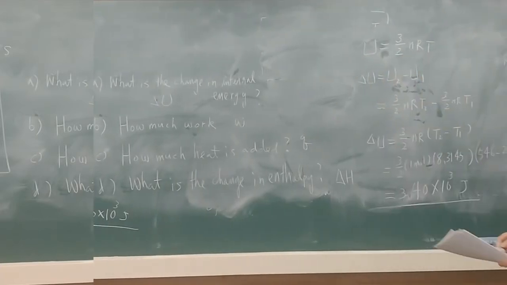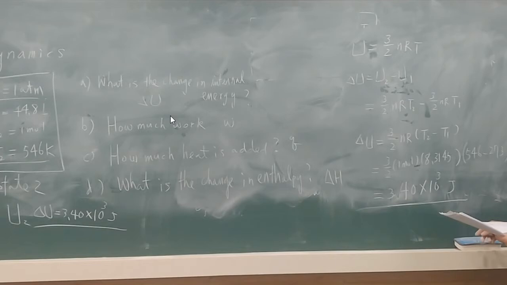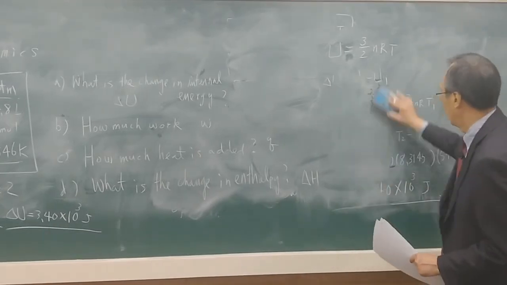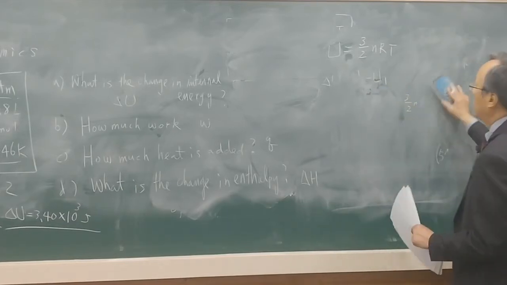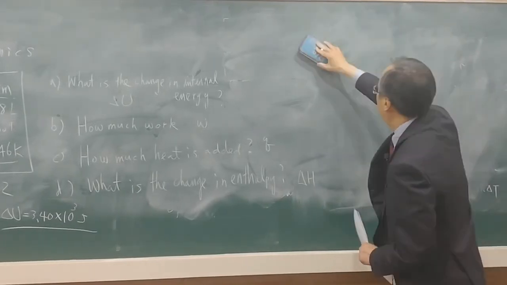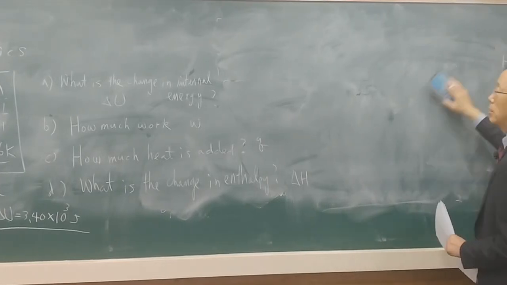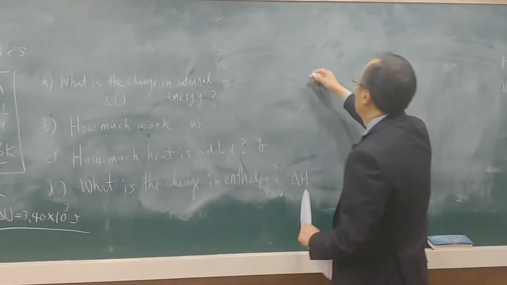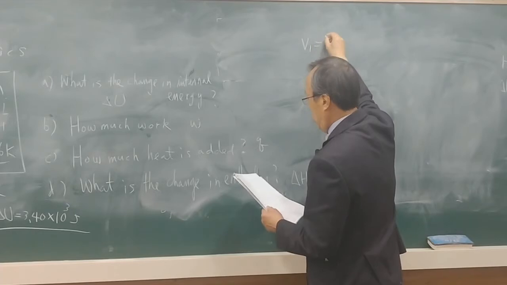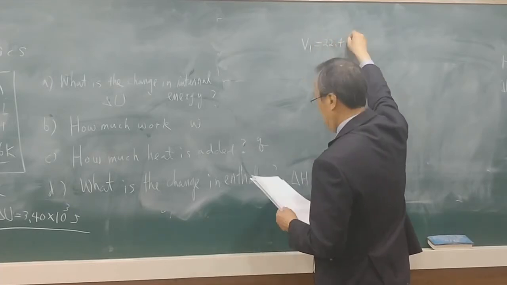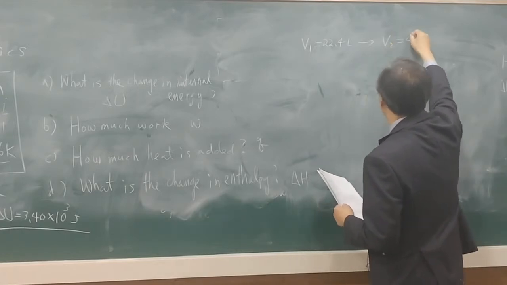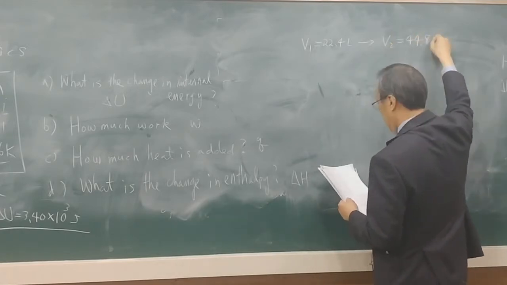Next, we are going to compute the work done by the system. So in this kind of pressure-volume work, the gas is expanded, volume is doubled. So V1 equal 22.4 liters changes to V2 equal 44.8 liters.